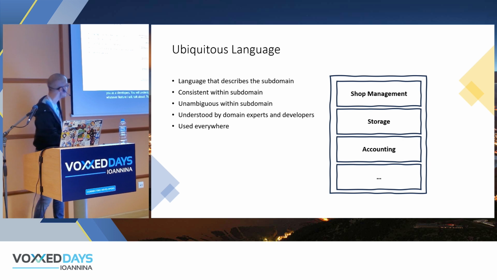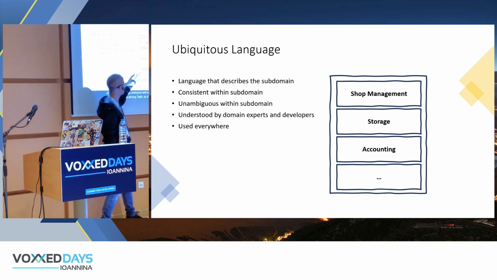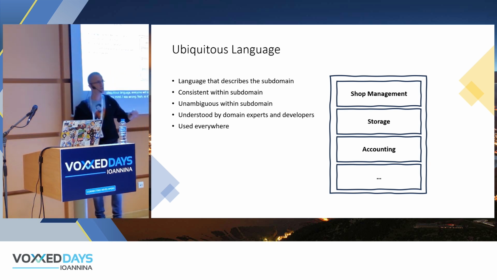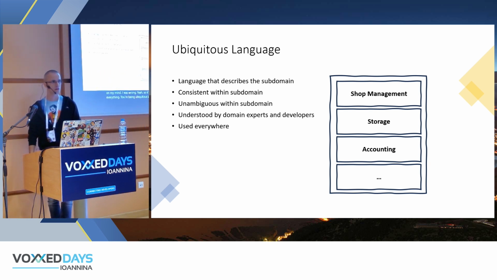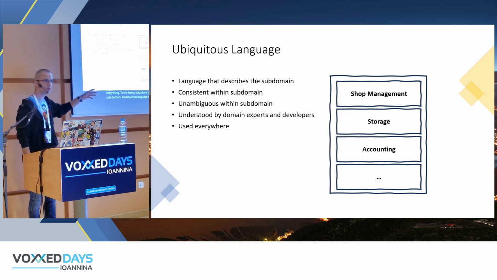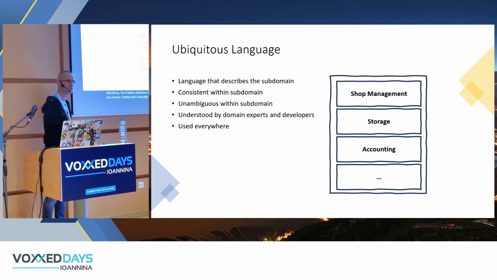So it's not about everything. Ubiquitous language is about a subdomain. Ubiquitous language is within boundaries of some area from our problem space. So if you have accounting, you can come up with language that is consistent, that doesn't require any interpretation within those boundaries.